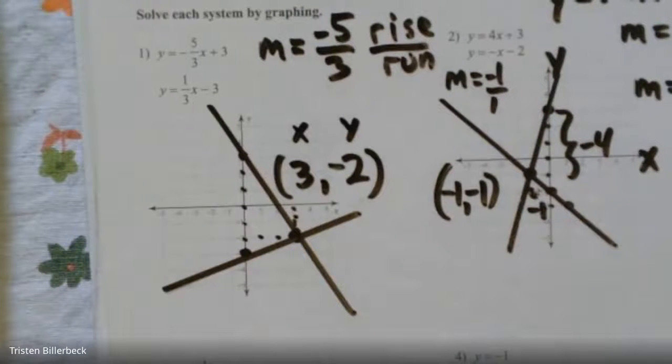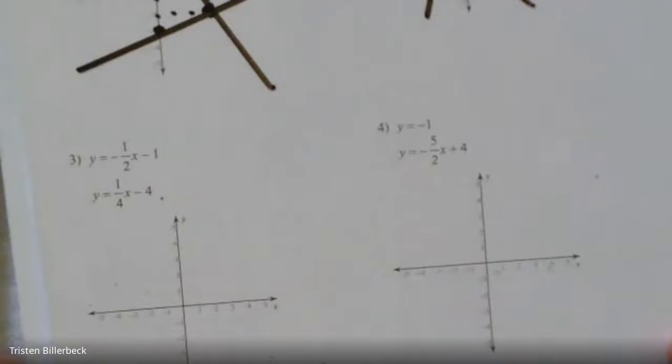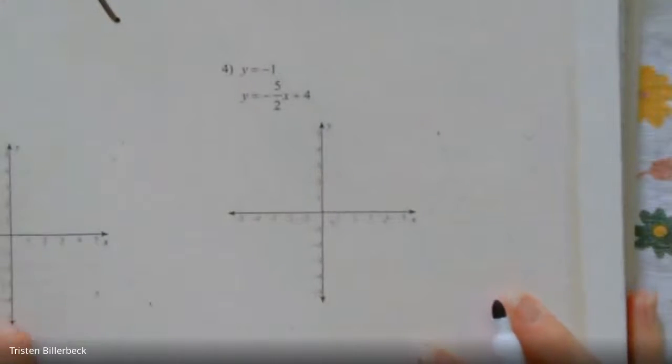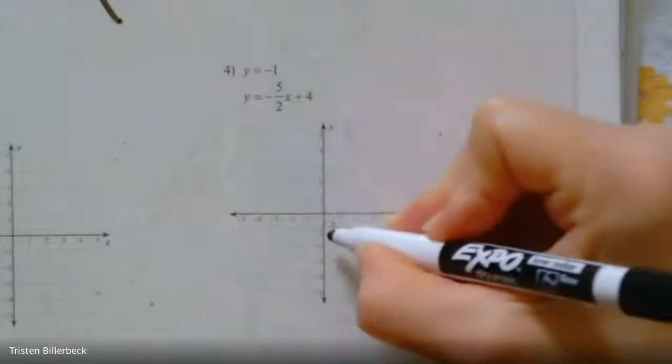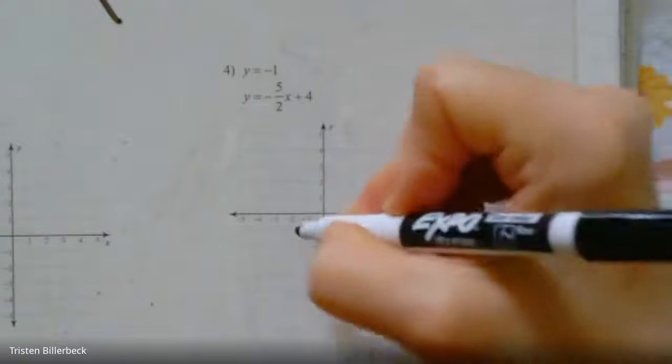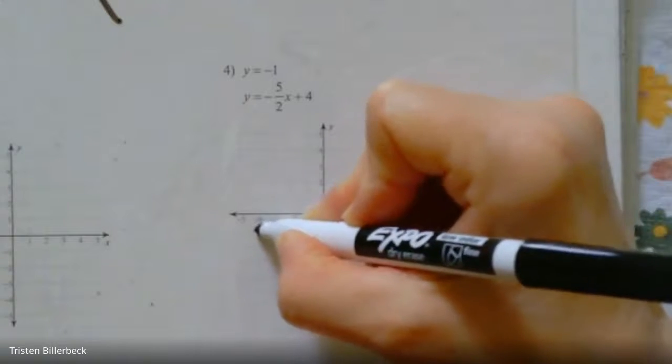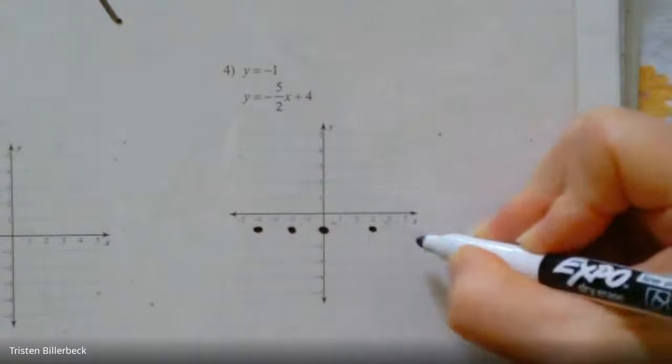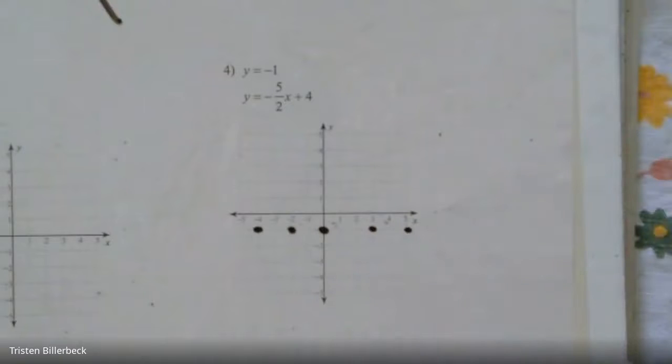All right. I want to go over how we graph lines that are not like this. So we have y equals -1. Well, what that means is y equals -1. But y always equals -1. And it equals -1 here, and it equals -1 there, and -1 there. So y is always -1.